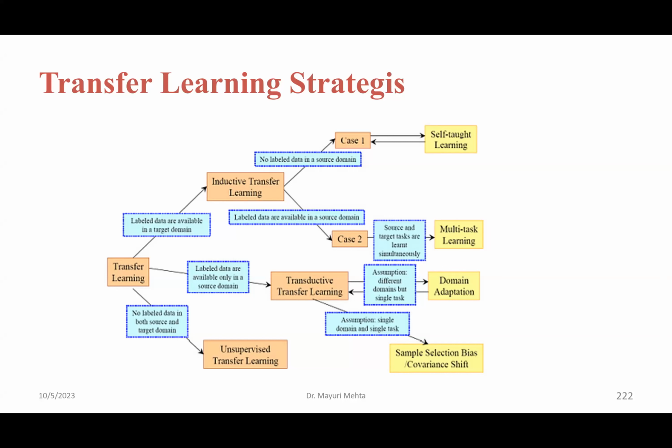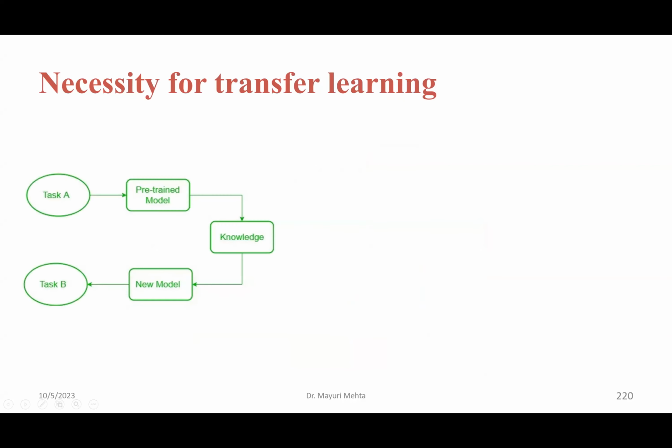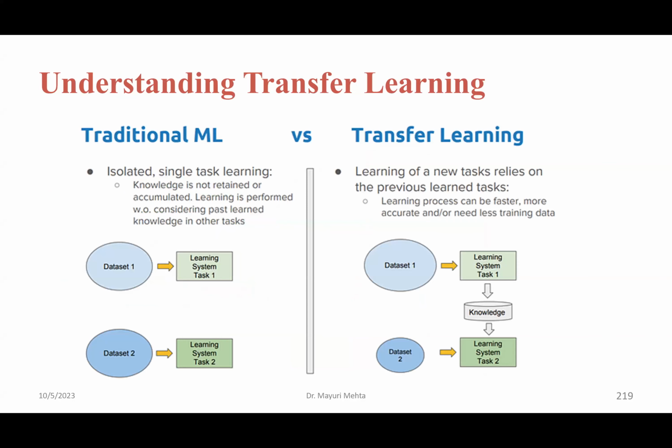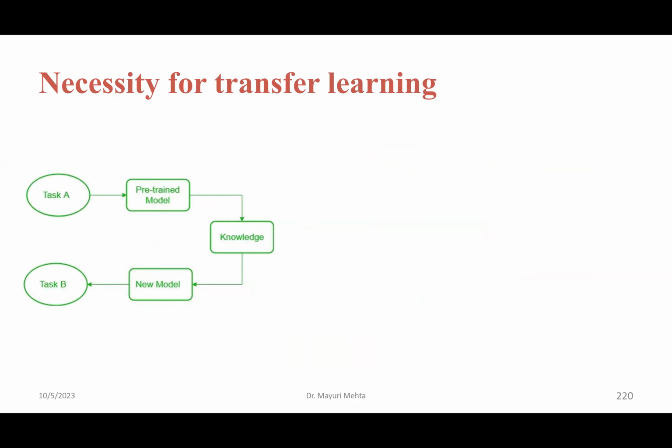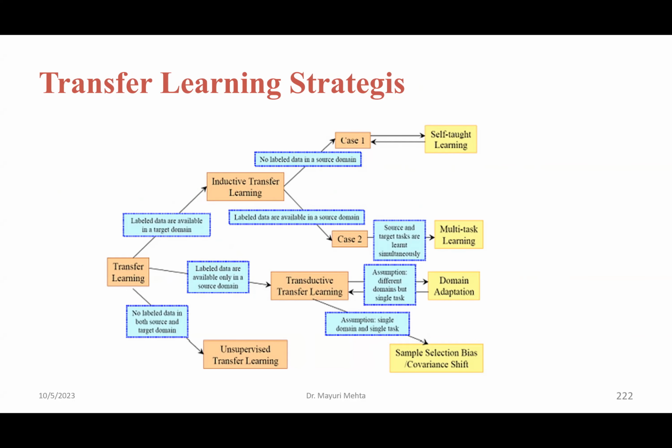So these are the transfer learning strategies. We have seen the necessity of transfer learning, and we learned the difference between traditional ML and transfer learning. Now let's see the various transfer learning strategies.